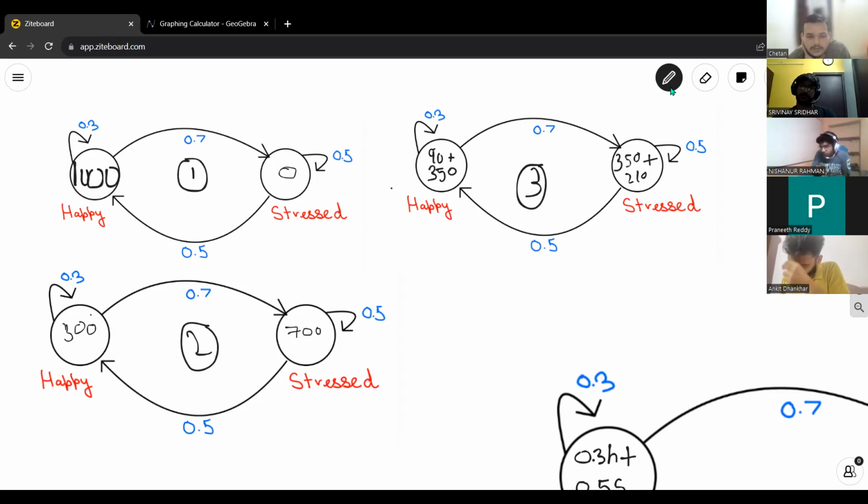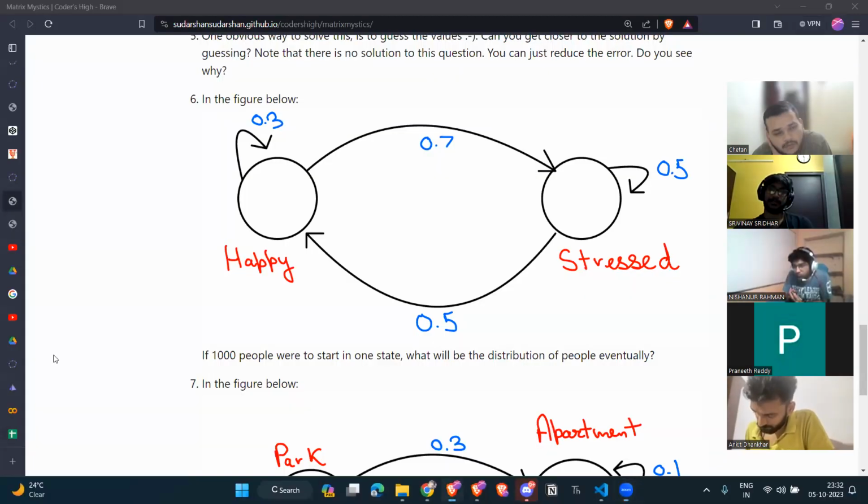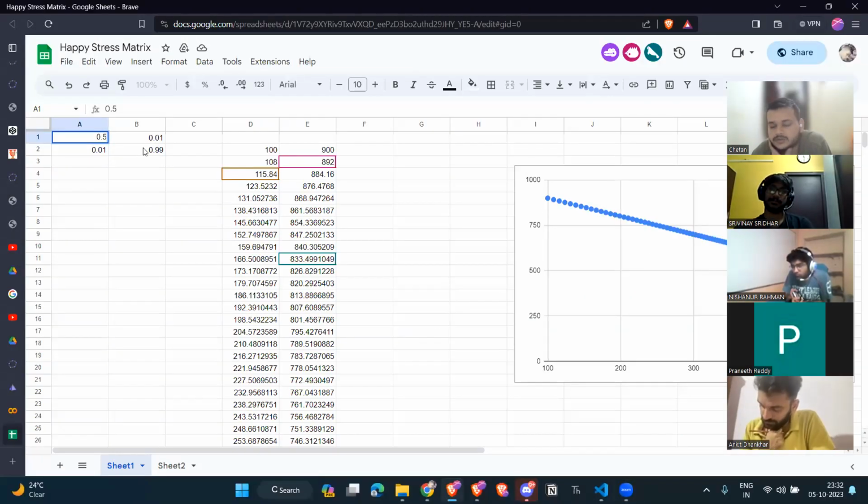Yeah, so after that, what we did, let me share the screen. So we wrote those coefficients. So you understood that we have two equations, right? One equation is 0.5 of stressed plus 0.3 of happy.